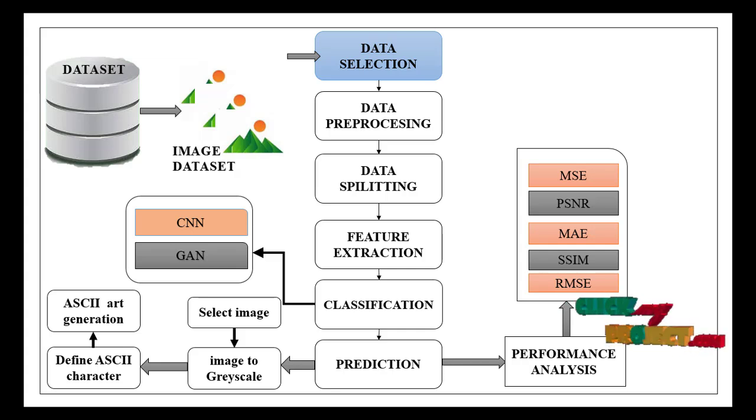For prediction, we select one image, convert it to grayscale, and then define the ASCII characters. We convert the image into ASCII art.